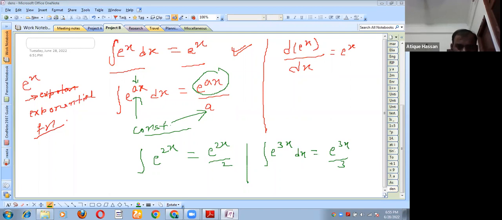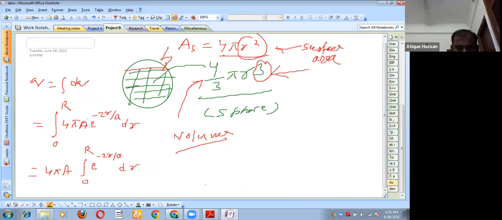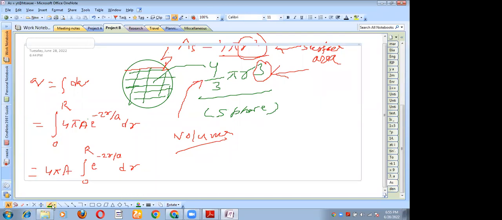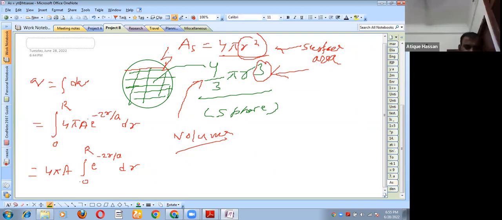Okay. So now tell me what will be the integration of the given quantity here. This is also the same kind of thing: e to the power minus 2r by a. So here you can see, what is the constant? Can you say which quantity is the constant here? Minus 2 by a. Correct.